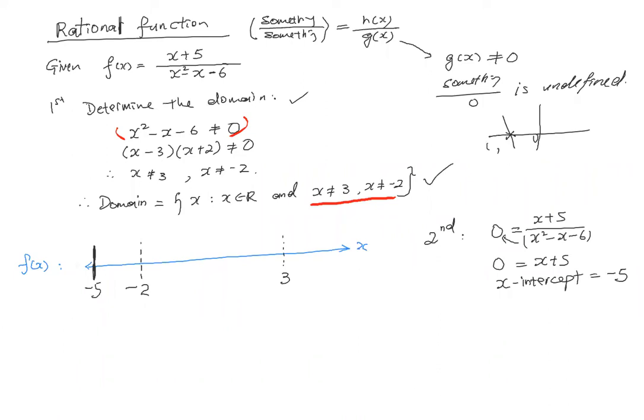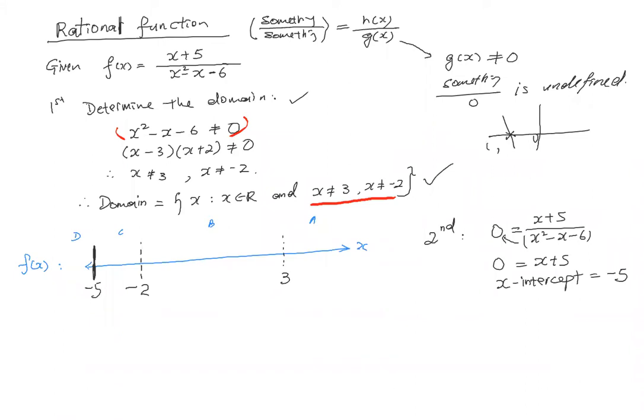Yeah, you're right. So now this number line is divided into how many regions? 4 regions. There is A, B, C, and the D here. Am I right? 4 regions.